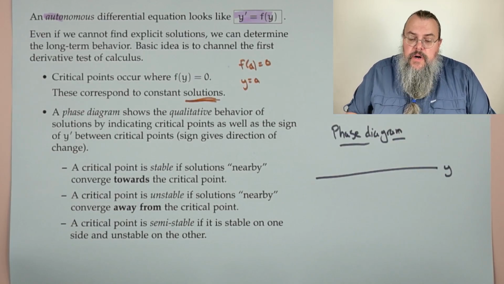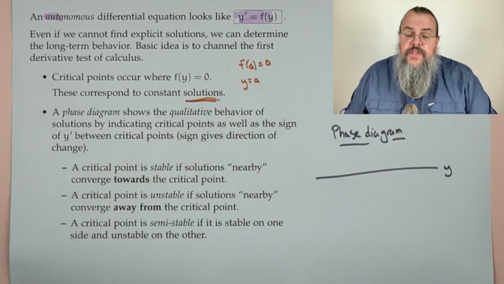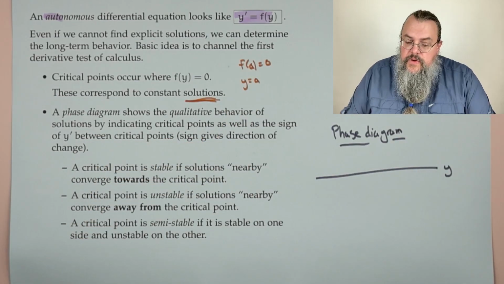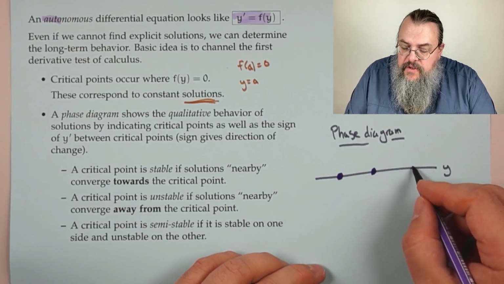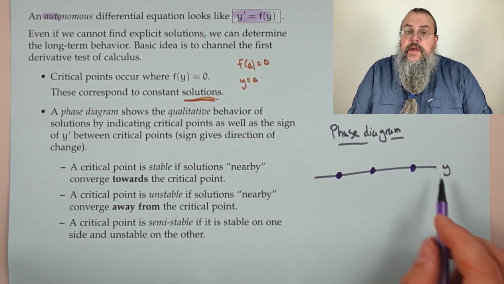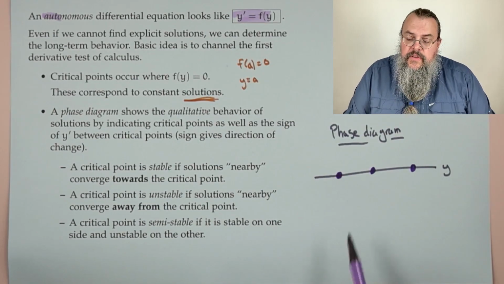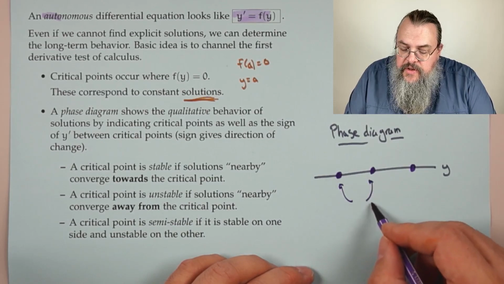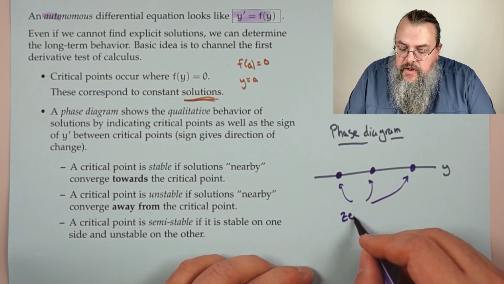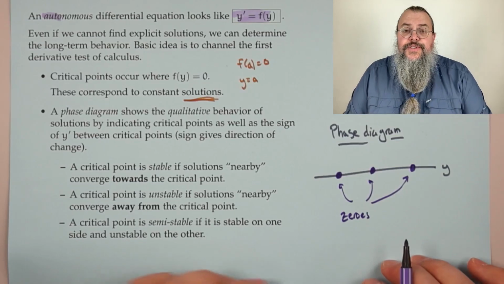Now, we mark the zeros of the function. Maybe we have some zeros here, here, and there. So these are our zeros. In particular, we've marked our constant solutions.